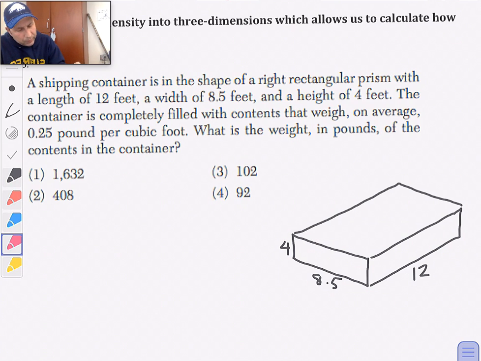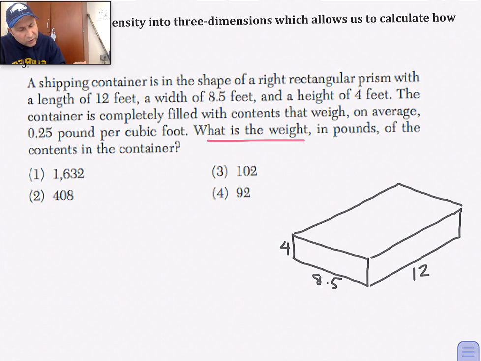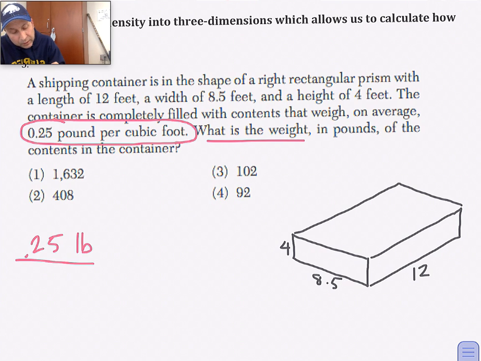All right, so I want to know what the weight is. I have to take a look at all this information. They're telling me how many pounds there are per cubic foot. So it's a quarter pound. The abbreviation for pound is LB. I don't know why it's LB, but I'm sure Google or Alexa knows if you ask. So it's 0.25 pounds per every single cubic foot.